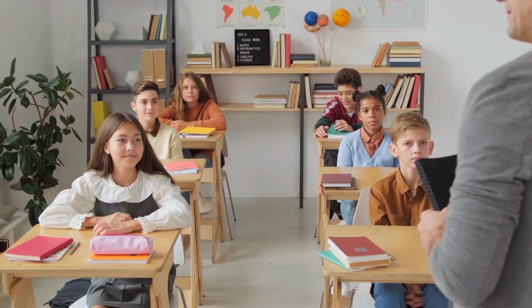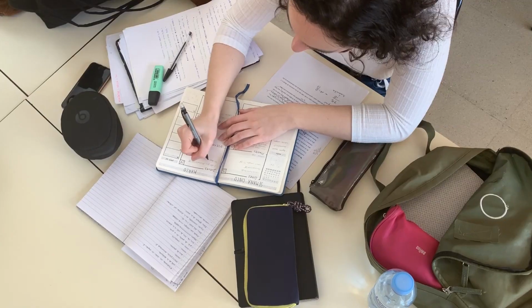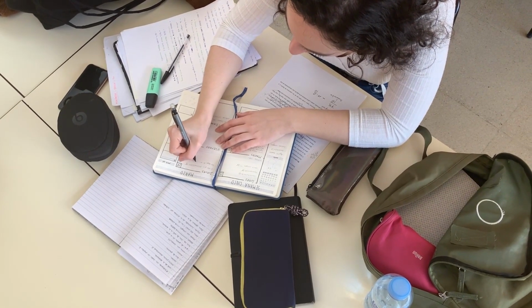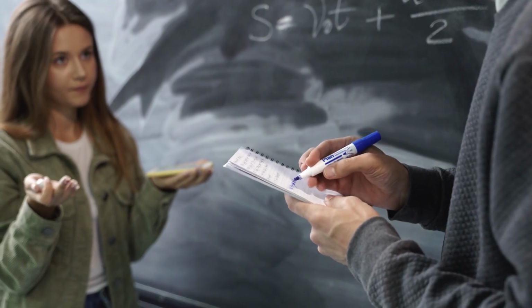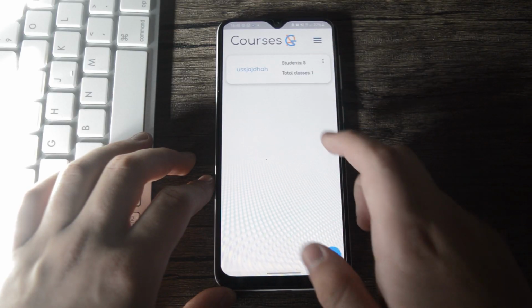So what does the application do? As I said, it's an app for teachers to automate the workflow. She wanted to keep track of her students' data, like numeric notes and attendance. I needed to create courses, because she has multiple courses, and she adds students.